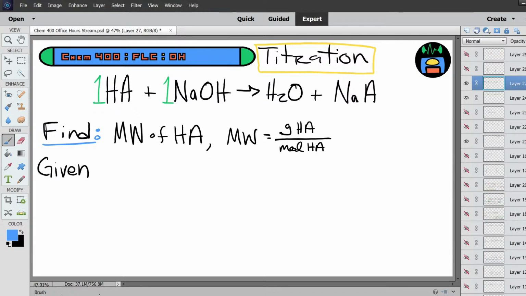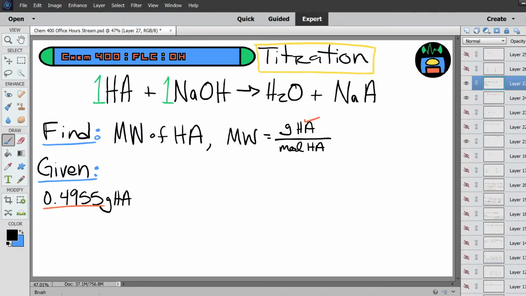Let's look at what we're given. The first thing we're given in this problem is the numerator of our equation for molecular weight. We're given the mass of our monoprotic acid. So we know the grams of HA.